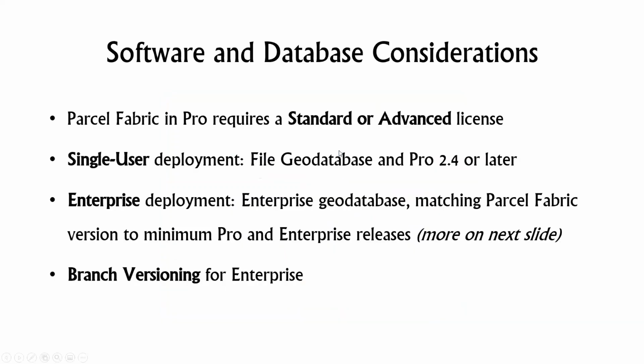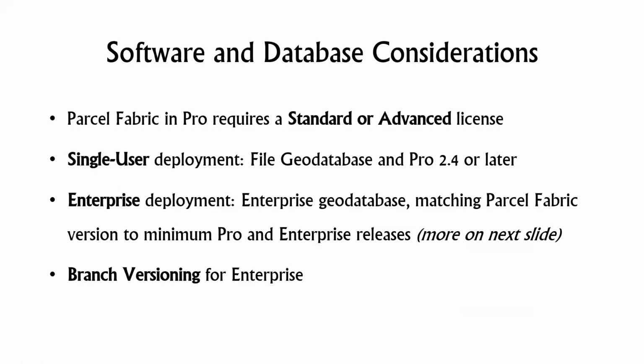Some things to consider with the Parcel Fabric in ArcGIS Pro. As far as your ArcGIS license goes, you need to have either the standard or advanced desktop license. If you are in a single user environment, you can use a file geodatabase and Pro 2.4 or later.